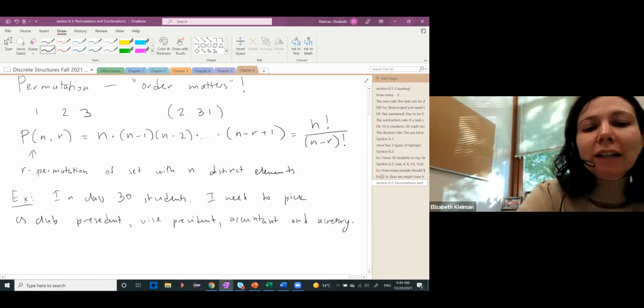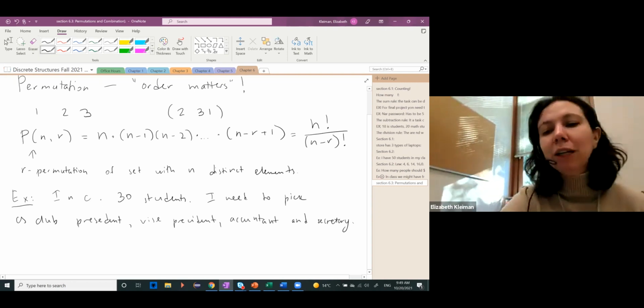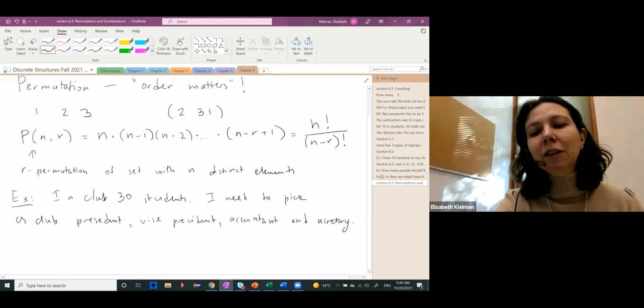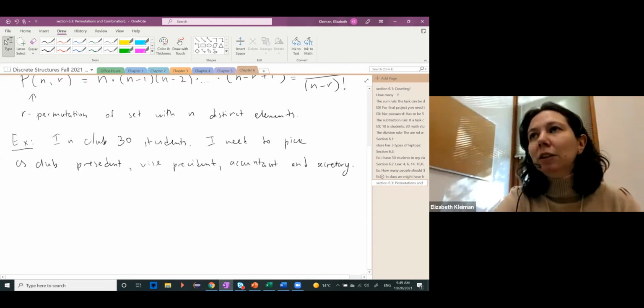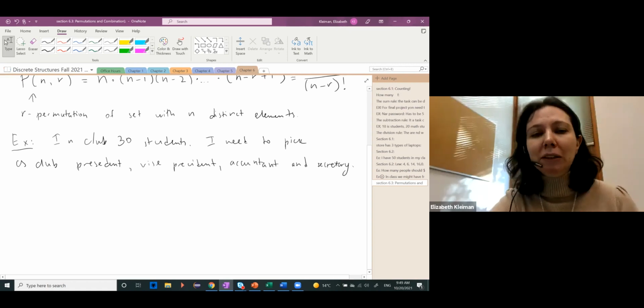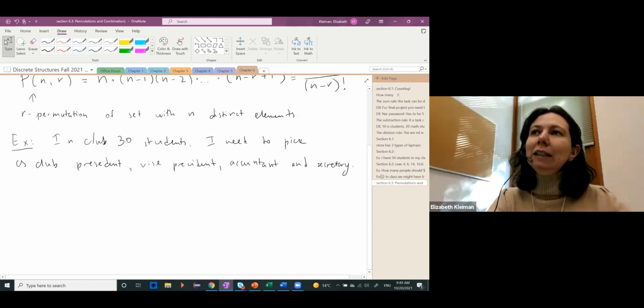And maybe it's not a class, maybe it's a club, okay? In club, I have 30 students. Maybe it makes more sense. And I need to pick club president, vice president, accountant, and secretary. In how many ways can I do it? And they cannot share the position, correct? The same person cannot be president and vice president. So here are my 30 students. They are standing in front of me.